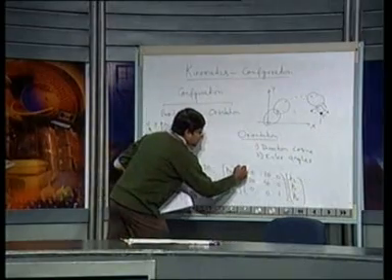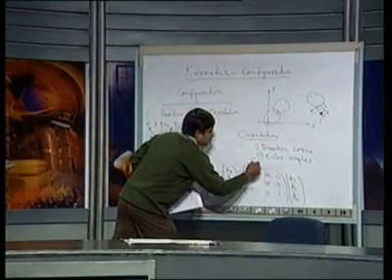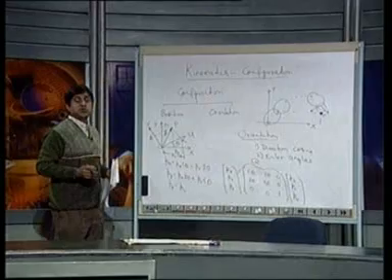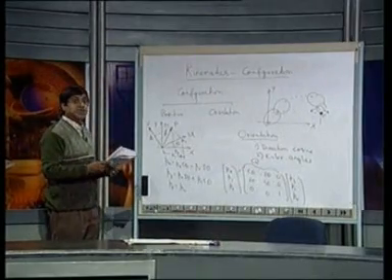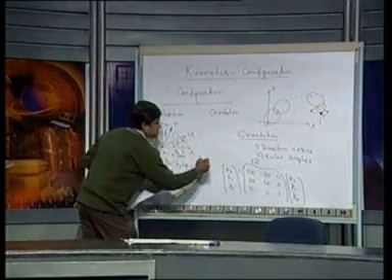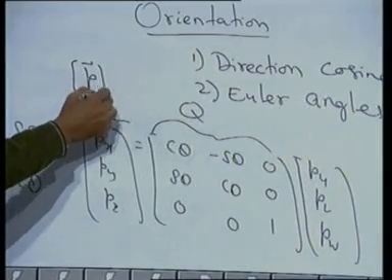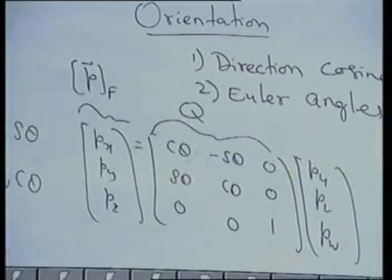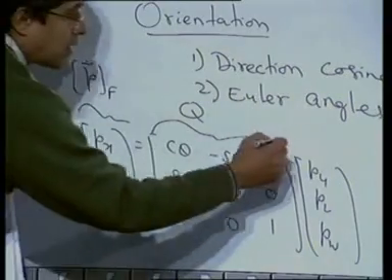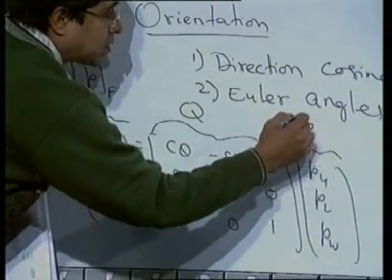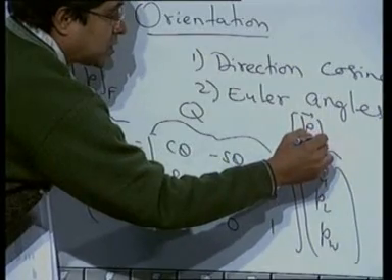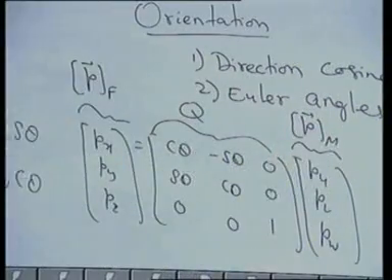This matrix we denote as Q, our rotation matrix. This is the vector P represented in the fixed coordinate frame, and this is the vector in our moving coordinate frame, right.